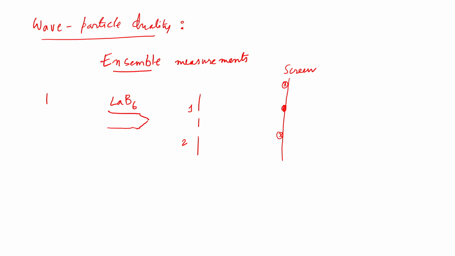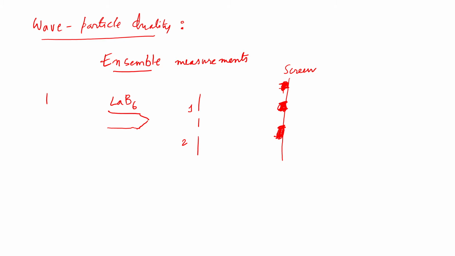It looks random, but as you see more and more electrons go through the slits, a pattern begins to form. You would see dark and light fringes. So these would become fringes.